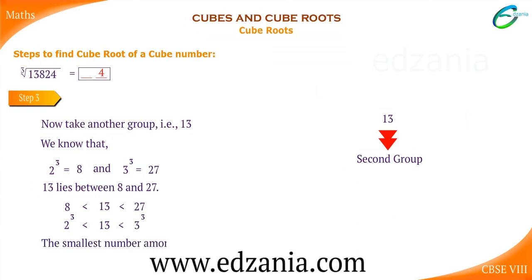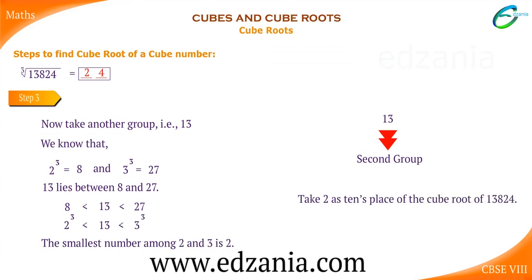The smallest number among 2 and 3 is 2. Take 2 as the tens place of the cube root of 13,824. Therefore, the cube root of 13,824 is equal to 24.